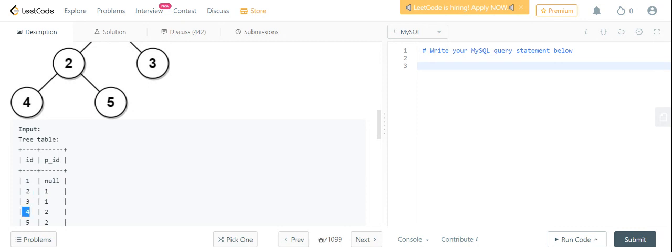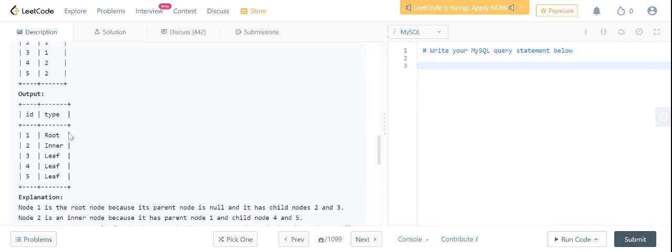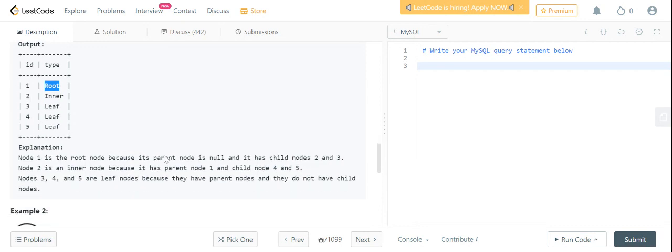Likewise for id 4, its parent node is 2. If you see the output, we have to add one more column, type, to specify which node belongs to which type. So one is root, two is inner, and 3, 4, 5 are considered leaf nodes.